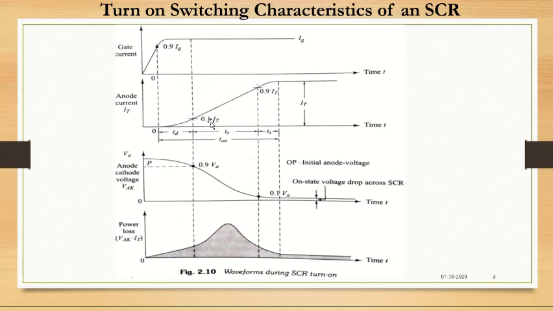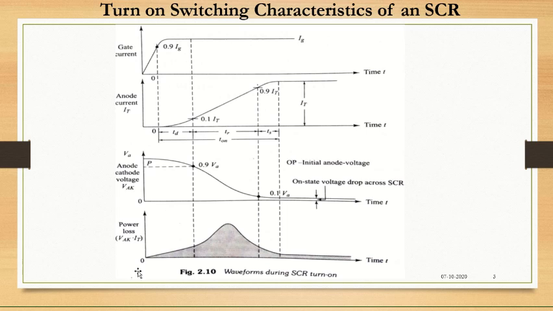Whereas in an RC series circuit, this di/dt, the rate of change of anode current, is very high, so the rise time will be less in an RC circuit. However, there is one limitation. Because of this power loss, which is maximum in the rise time, hot spots will be created in the circuits, which can damage the device, our SCR.